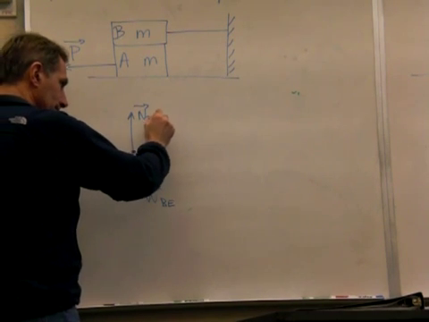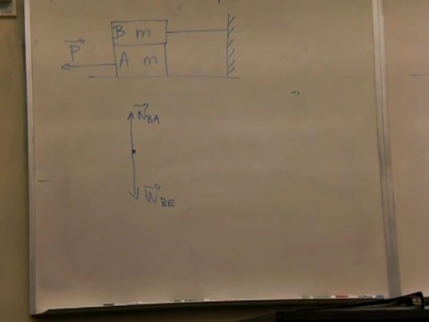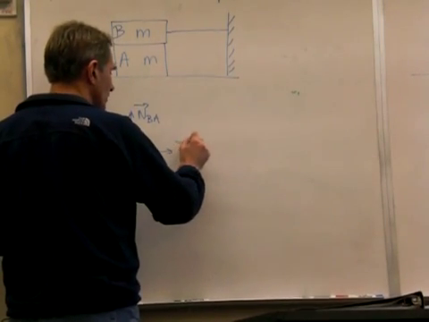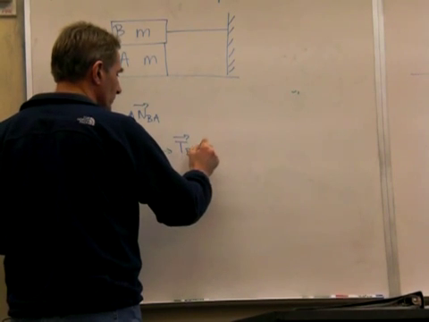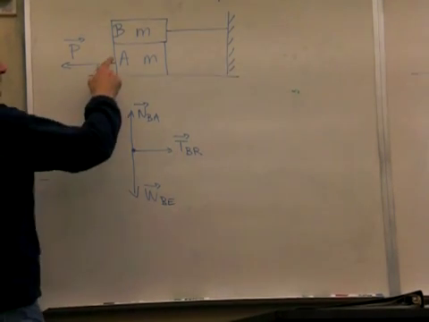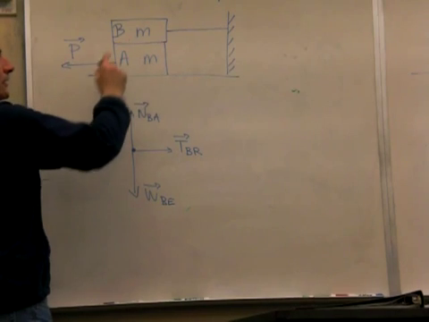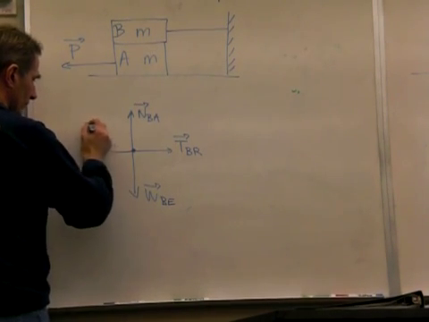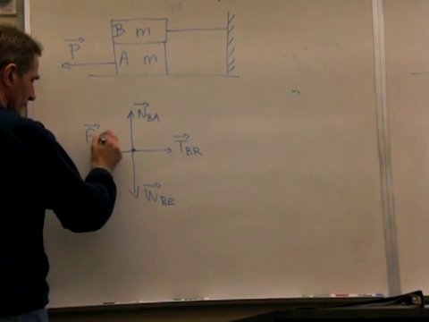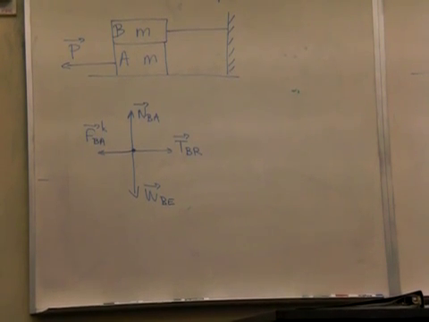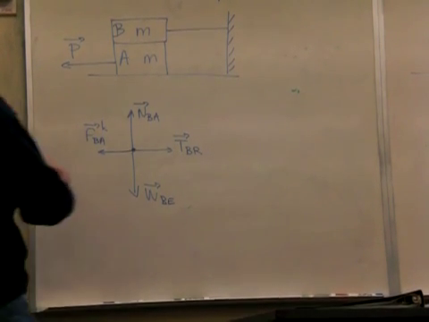By A. There's tension. There is a tension force acting on B by the rope. And there is a force of friction acting on B to the left, and by what? By A. And it is kinetic friction because there is motion. Okay, that's for B.